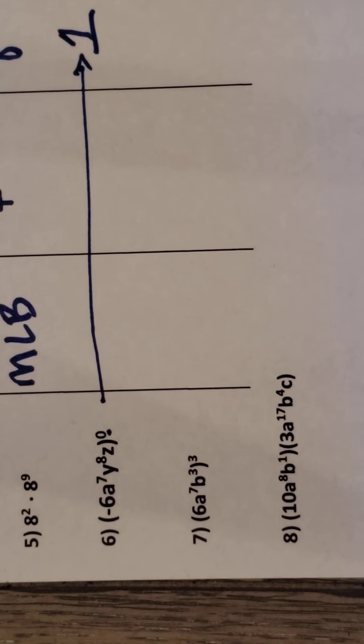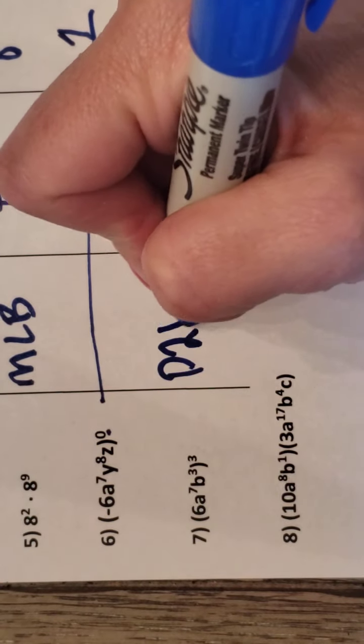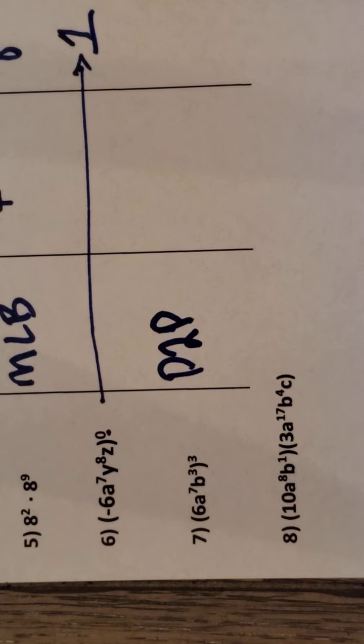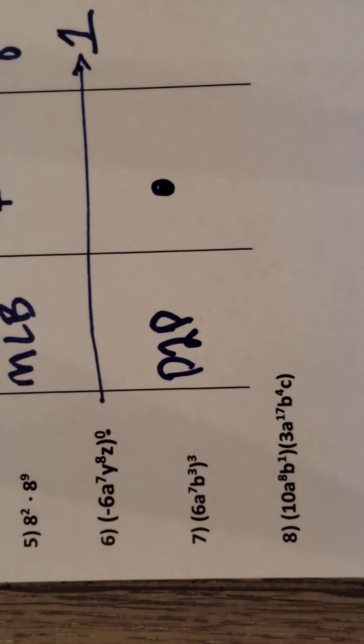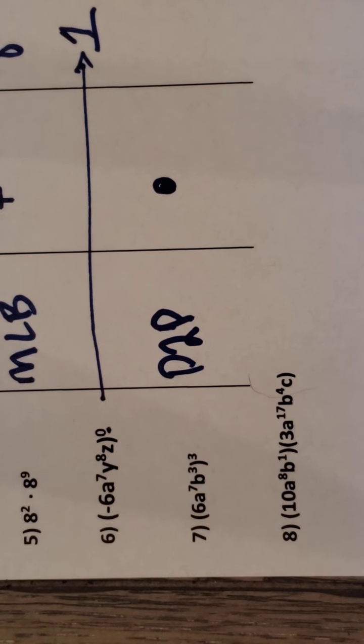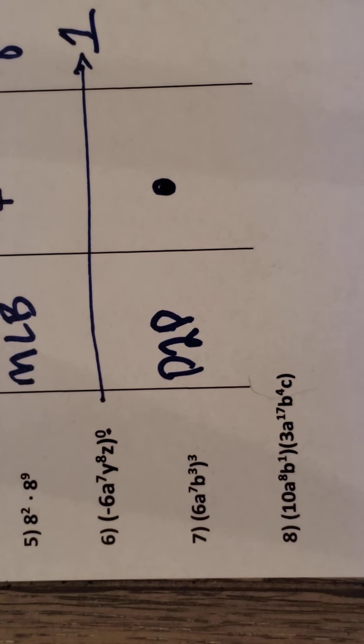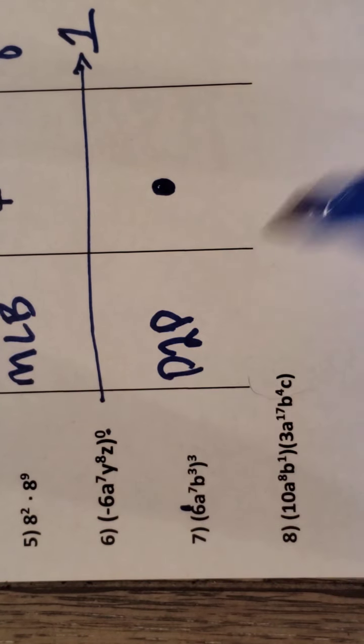Number 7, we have a set of parentheses with an exponent on the outside. So in that case, what rule is it going to be? Yep, power to power. And when it's power to power, what do we do to our exponents? Multiply. Do I need to put any 1s over here? I do. I have to put it on my constant. And remember, we think of this like distributive property.